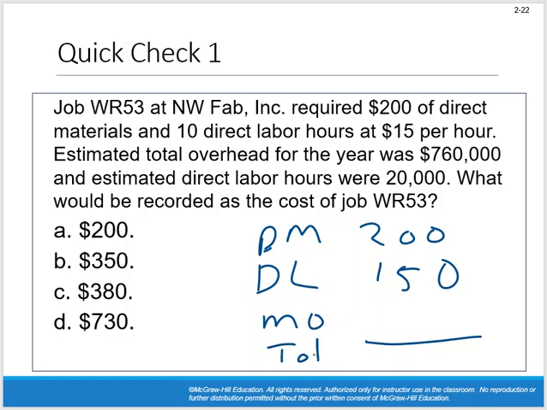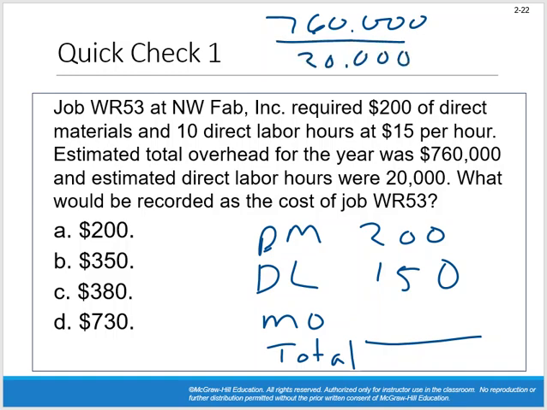So what are we going to do about MOH? We need to compute the predetermined overhead rate. How will we do that? Well, they told us that they estimate the total overhead for the year will be $760,000, and they estimate that DLHs will be 20,000. We're going to take 760,000 divided by 20,000, and we get our predetermined overhead rate equals, what did you get?